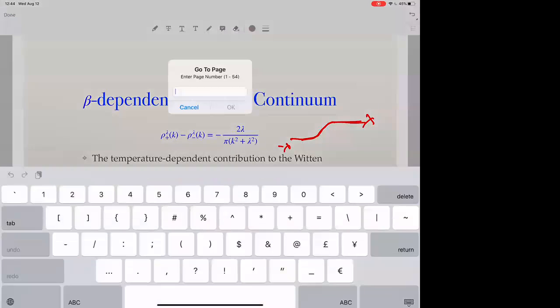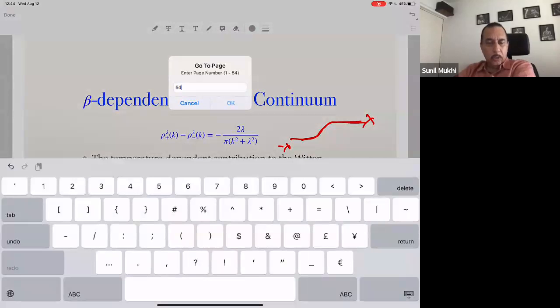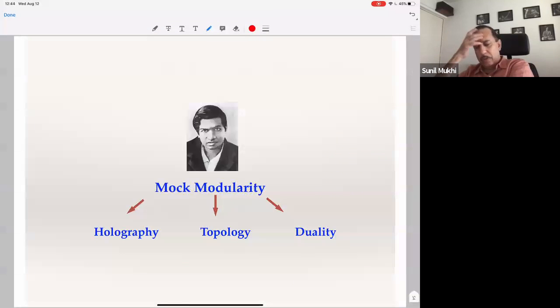Atish, I had a question. Yes. You mentioned that there can be something like mock vector valued modular forms. It's not a well-formed question, I'm just trying to think what they might describe. We know that rational CFTs are described by vector valued modular forms, which make the characters, and the dimension is roughly the number of primary fields.